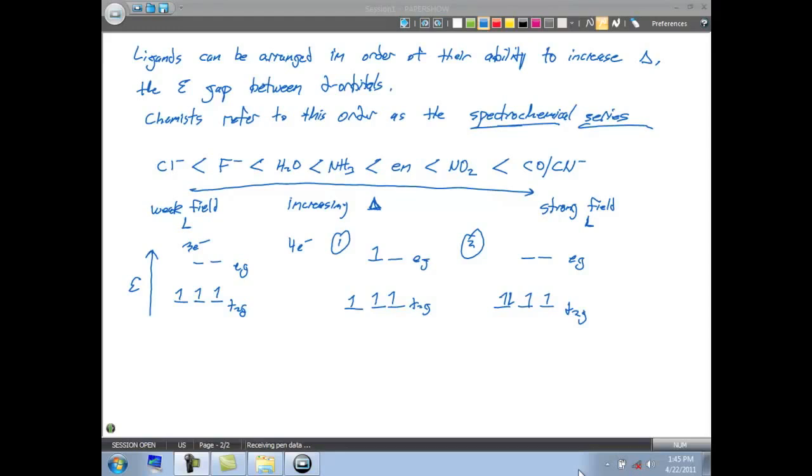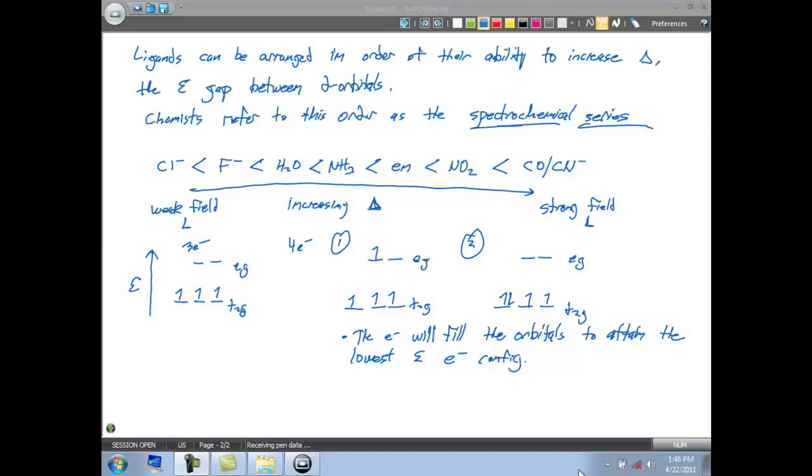One thing that we can definitely say for sure in every instance is that the electrons will fill the orbitals to attain the lowest energy electron configuration. That's going to happen in every single case.